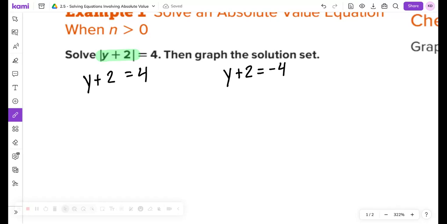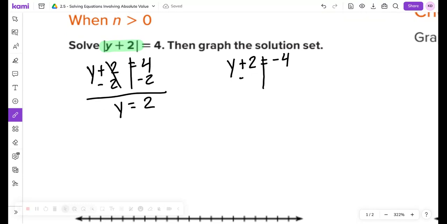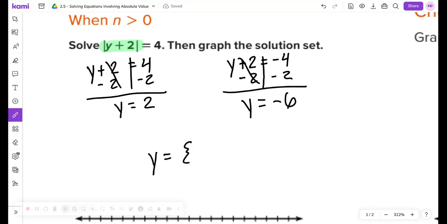Because remember, the absolute value of something is always the positive number. So for example, y plus 2 equals 4. I'm going to subtract 2 from both sides. Y equals 2. My second equation, I'm also going to subtract 2 on both sides. So y equals -6. So my answer is y equals the set of numbers -6, 2.